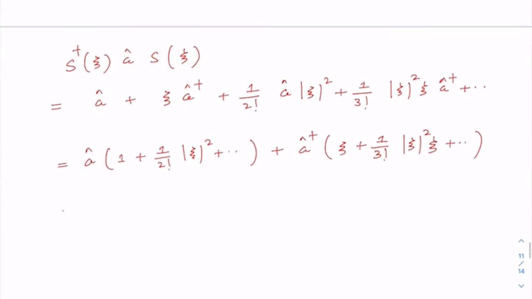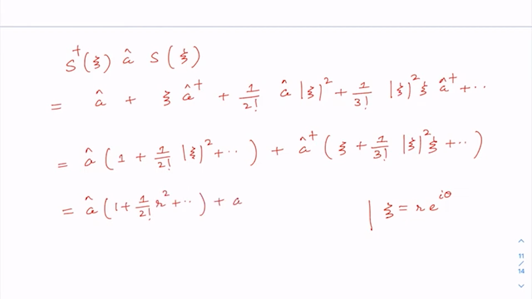So I know that ξ is a complex quantity, ξ is equal to r e to the power i theta, so mod ξ is equal to r. Therefore I can write a times 1 plus 1 by 2 factorial r square and so on.